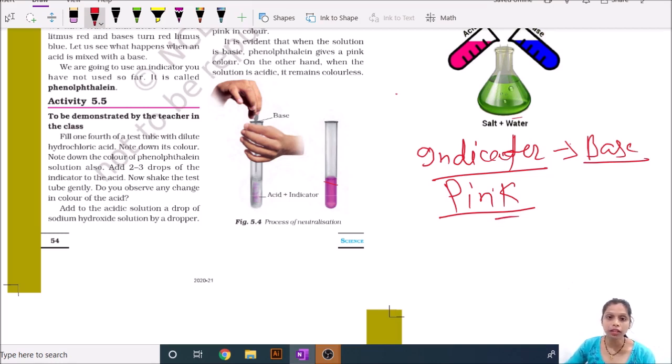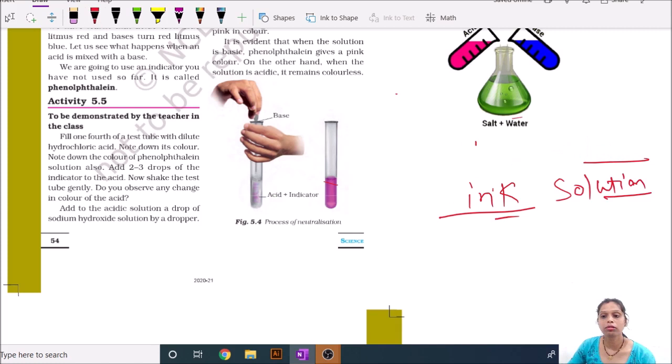Okay? Then what is this? After that, you take some drops of hydrochloric acid and put them into the solution. Again, you will observe that the solution becomes colorless.